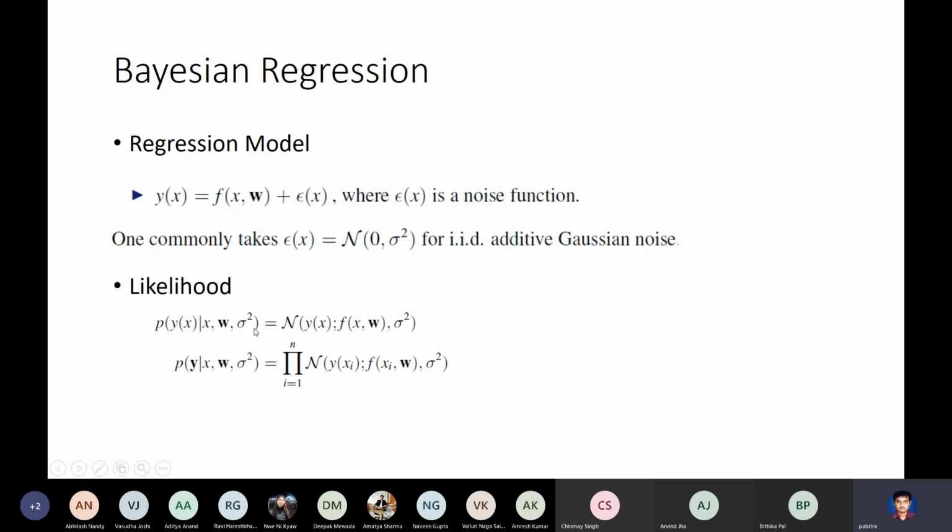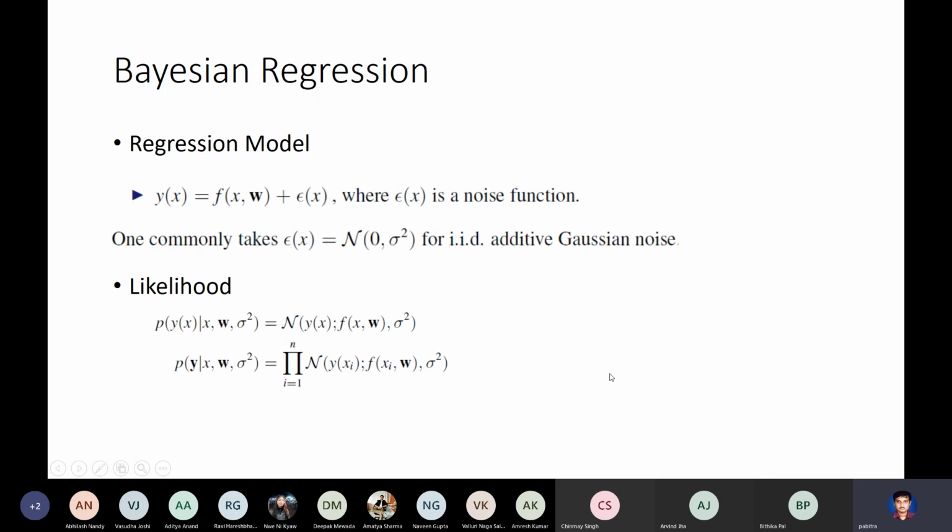Okay, and assuming that each of the x and y are IID and the noise is also IID, the likelihood of the entire set of y in the training set, given the entire set of inputs x, the parameter w, and the noise sigma square, is, since they are independent, the product of these individual Gaussians.